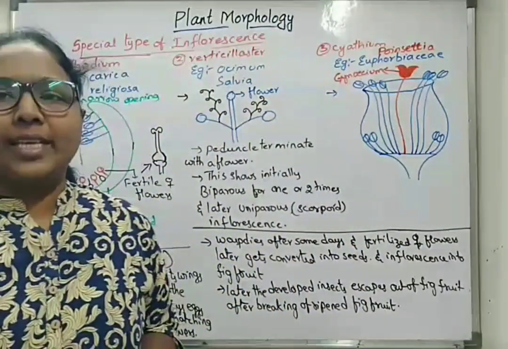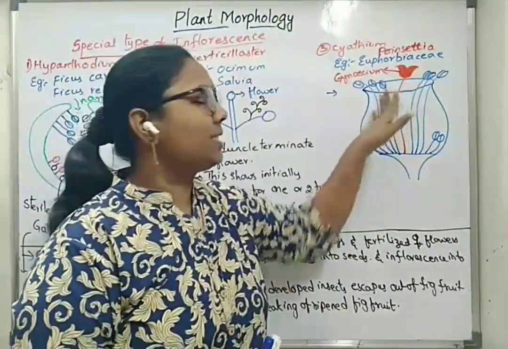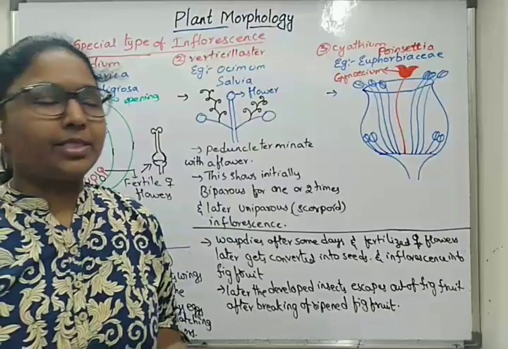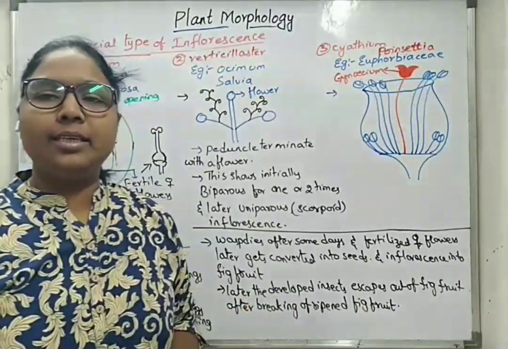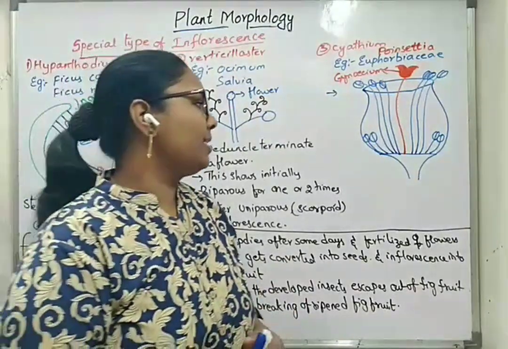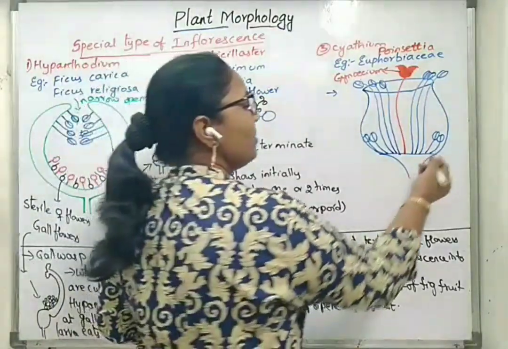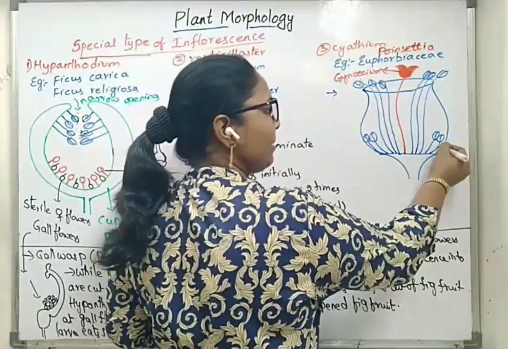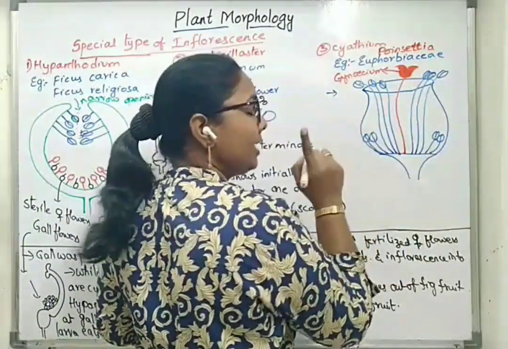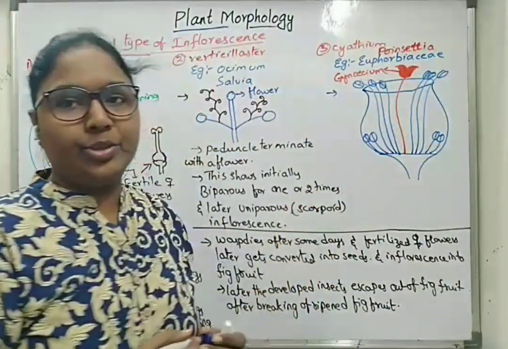In case of Cyathium inflorescence, inside this cup-shaped modified thalamus or peduncle, there are nectar glands and some short-sized stamens and long stamens. There is only one single gynoecium.